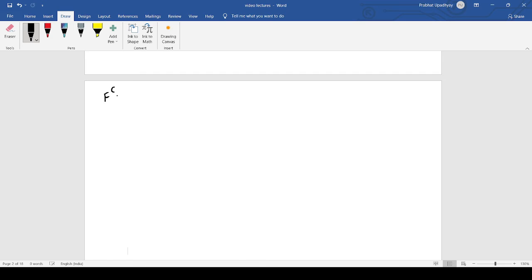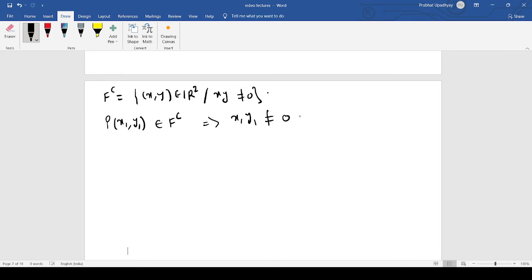So your f complement is the set of all elements (x, y) in R2 such that x times y is not equal to 0. And we have our P with coordinates x1, y1 belonging to f complement. This means x1 y1 is not equal to 0.